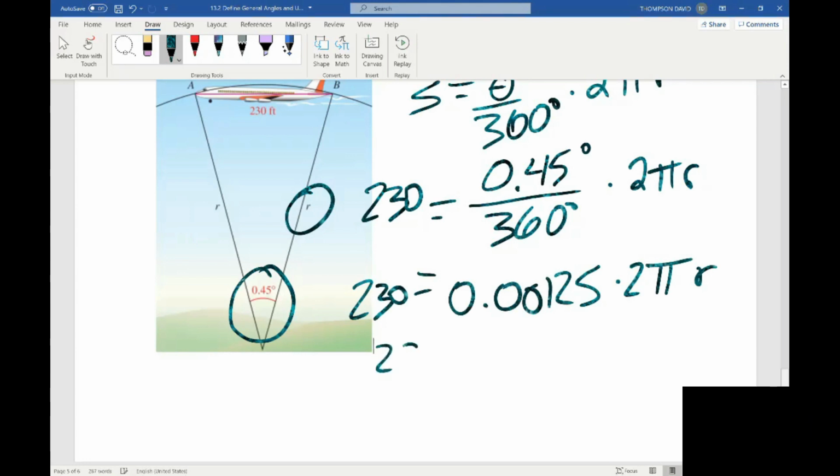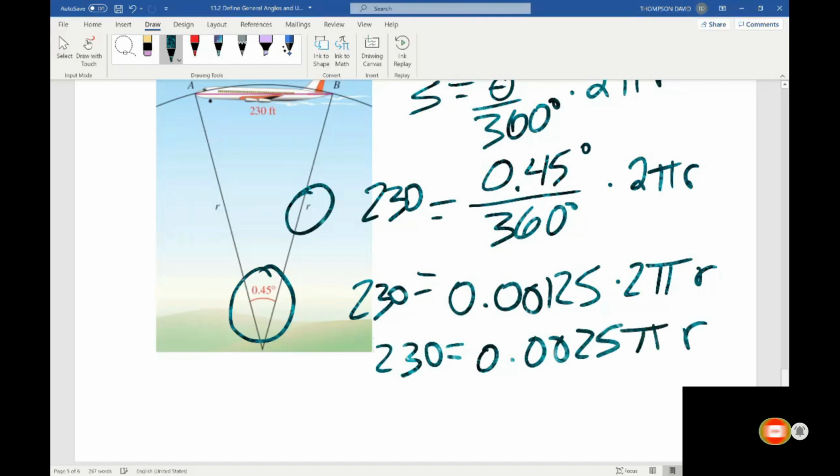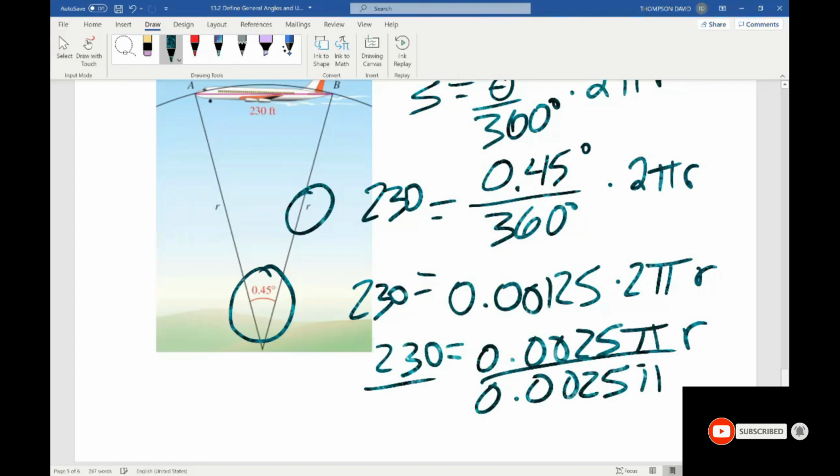So we have 230 equals 0.0025 pi r. We'll divide both sides by 0.0025 pi.